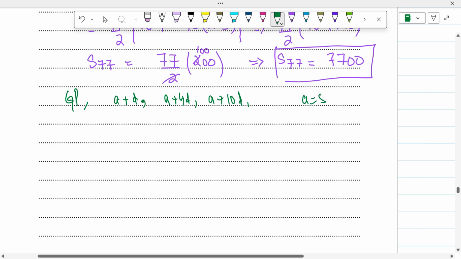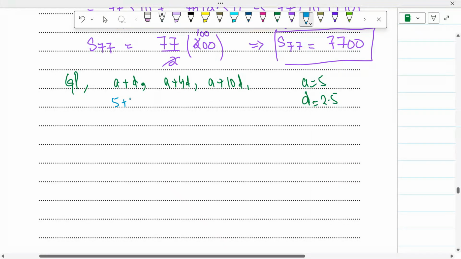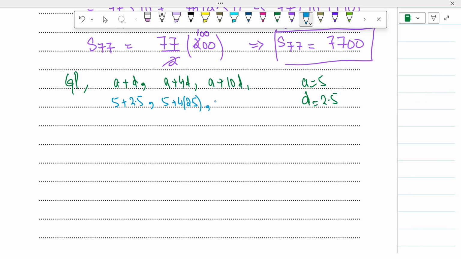A is equal to 5 and d is equal to 2.5. So this is 5 plus 2.5, then 5 plus 4 times 2.5, then 5 plus 10 times 2.5. So this is equal to 7.5, then 10 plus 15, which is 15, and then 30.